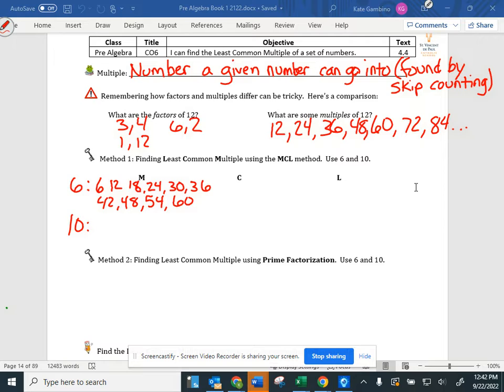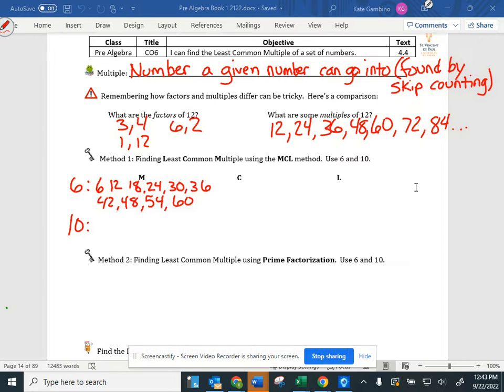Now I'm going to write out my multiples of 10. Let's get in the habit of writing out 10 multiples, and then we're going to see what they have in common.